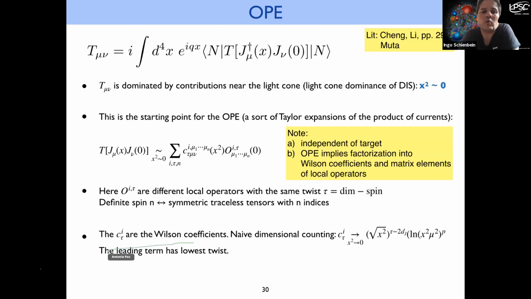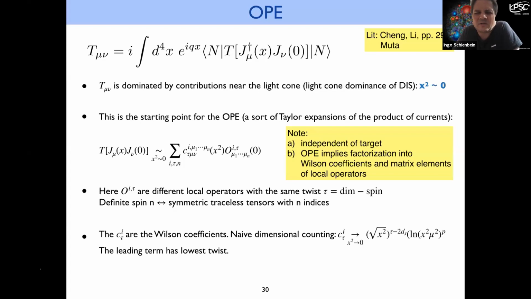If you have a product of operators at a position x and another one at a position 0, and if x squared becomes small, then you can write it as a sum of local operators, which are defined at one position, 0, times some coefficients c, which are Wilson coefficients, which contain the behavior in x, so that it still depends on x squared.